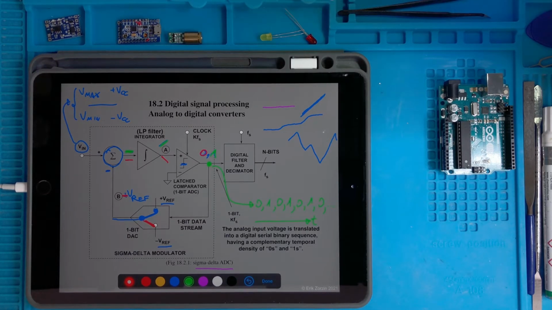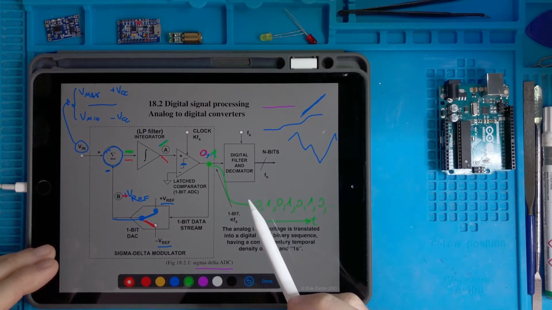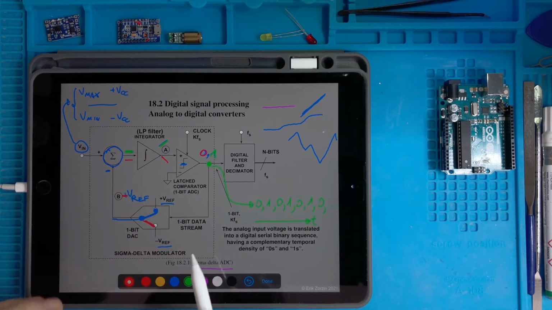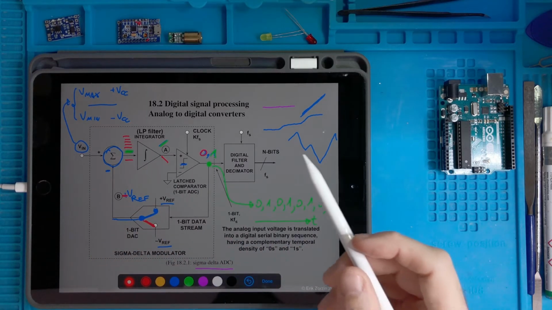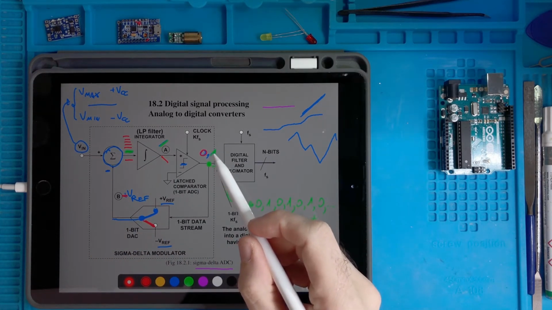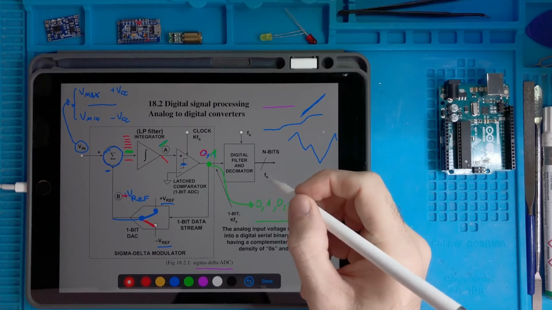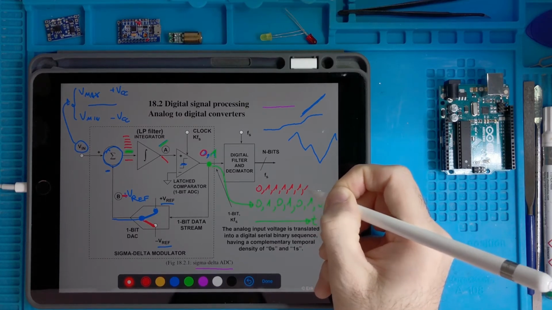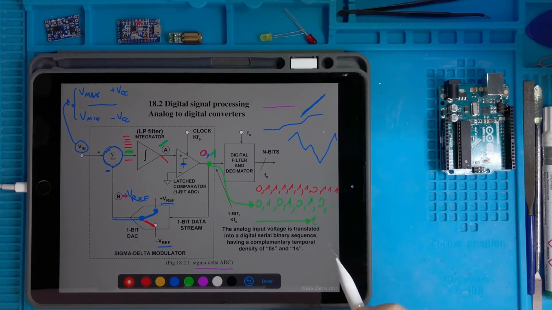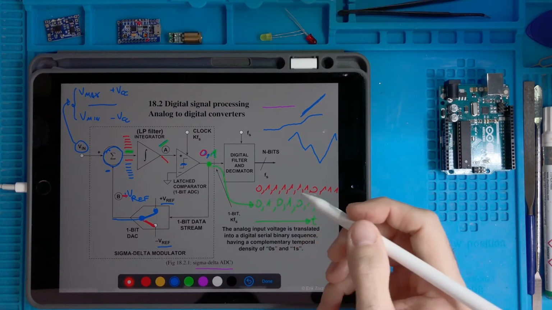So if we carefully study what happens at all possible values, we will see that the more positive the signal is here, the higher the proportion of ones we will have in time. So for very positive signals we will have something like this: 0, 1, 1, 1, 1, 1, 1, 0, 1, 1, 1, and so on. And for negative signals, the more negative they are, the proportion will be reversed.